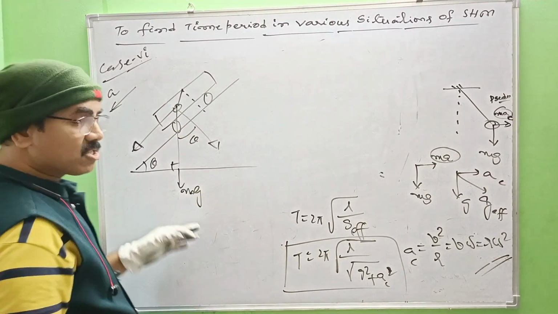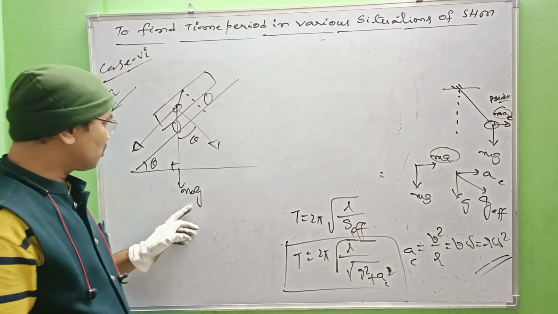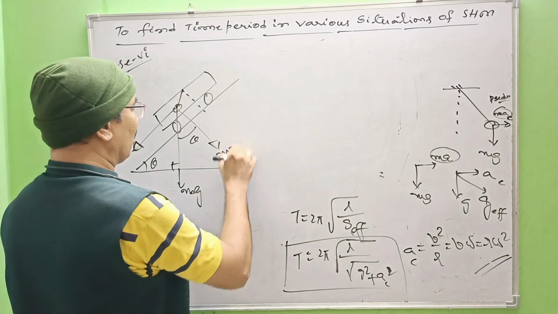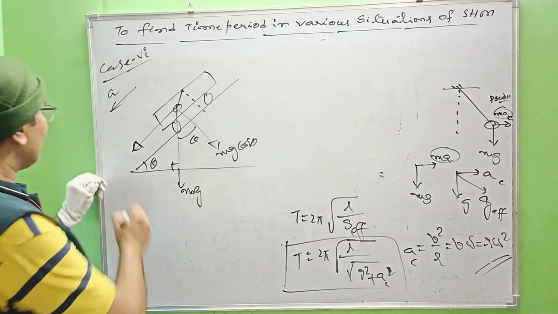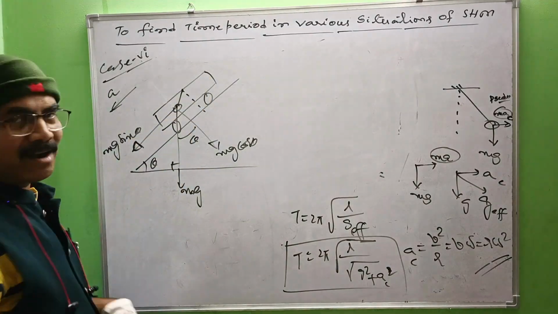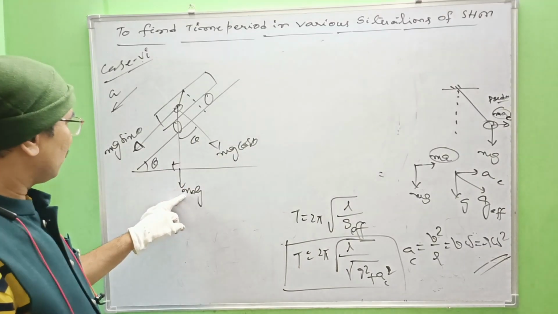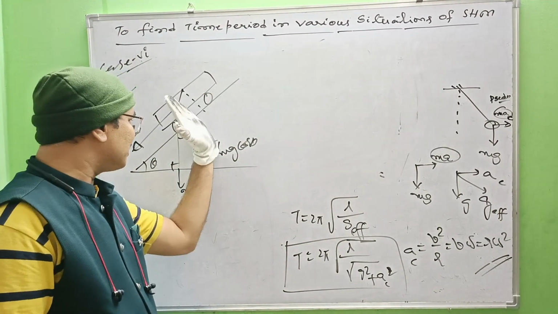Now try to resolve the weight of the bob into two perpendicular components. One is mg cos theta, normal to the surface of the incline. Another is mg sin theta, down the inclined plane. So the weight is resolved into two mutually perpendicular components. See, this is the adjacent side.